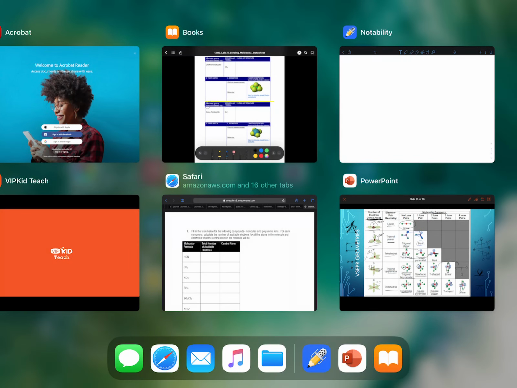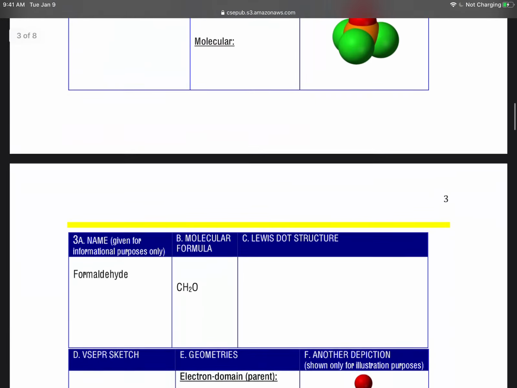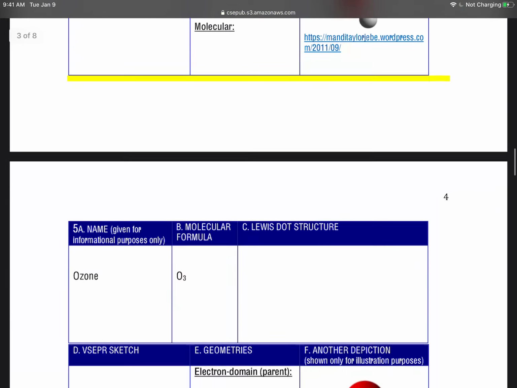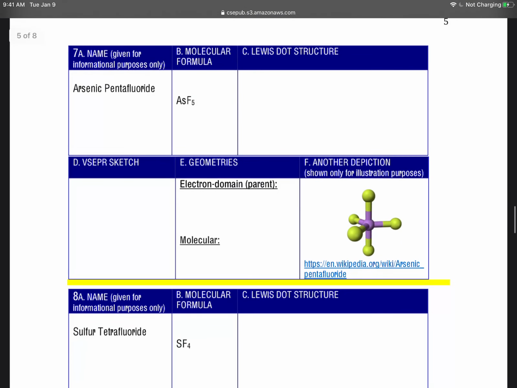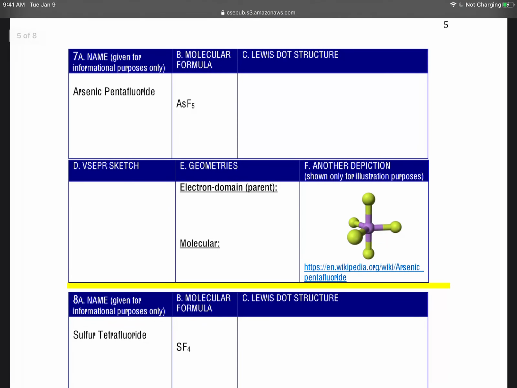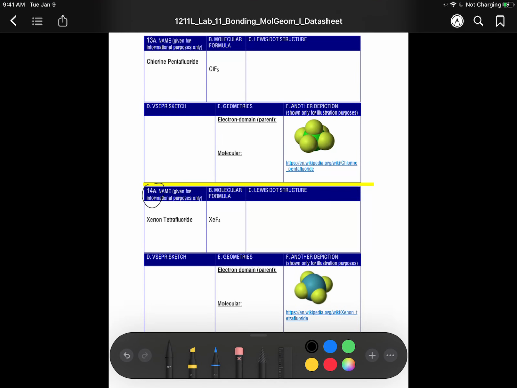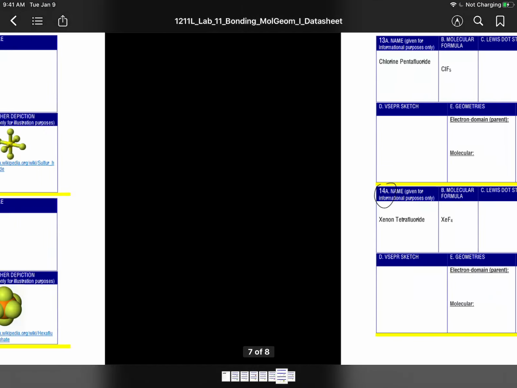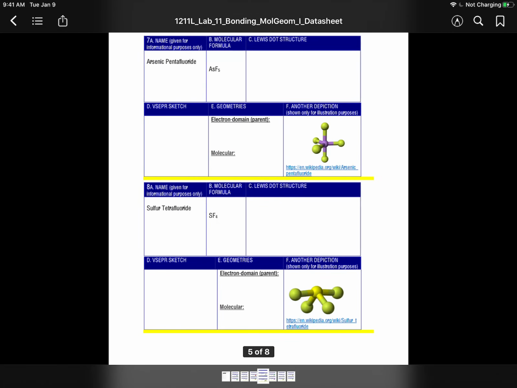Okay, so we go on to our packet. Let's go ahead and just go into our packet right here. Let's try arsenic pentafluoride. Sure, that looks great. Let's go into iBooks so I can write. Arsenic pentafluoride.